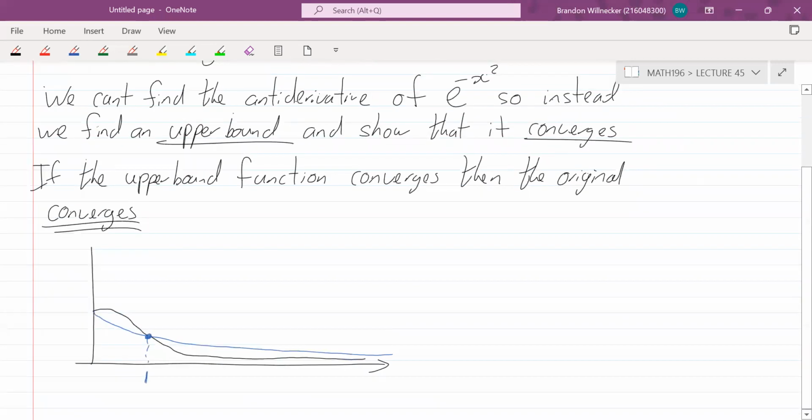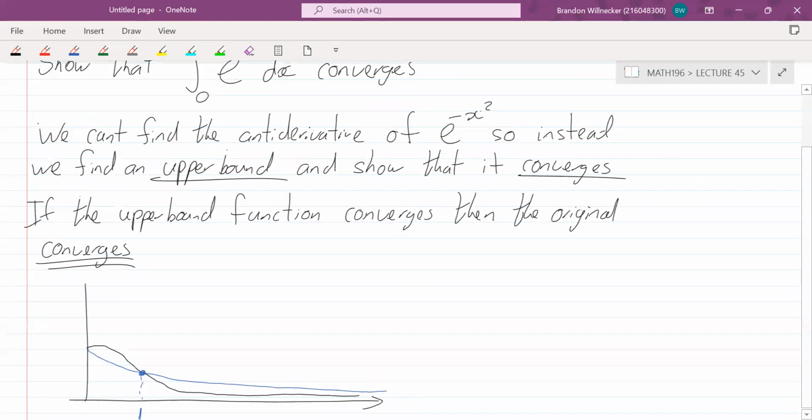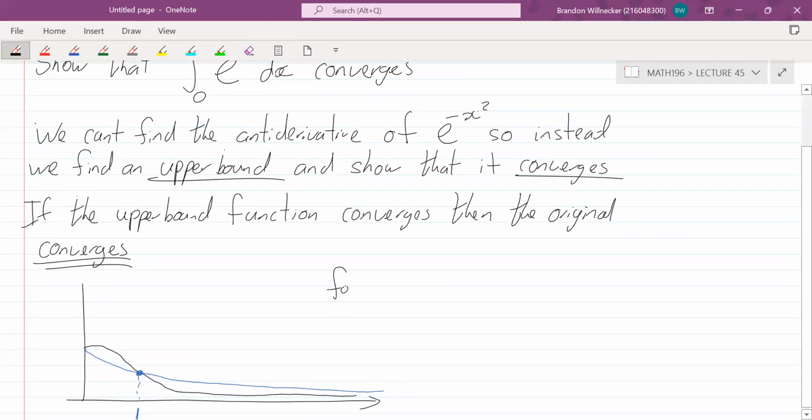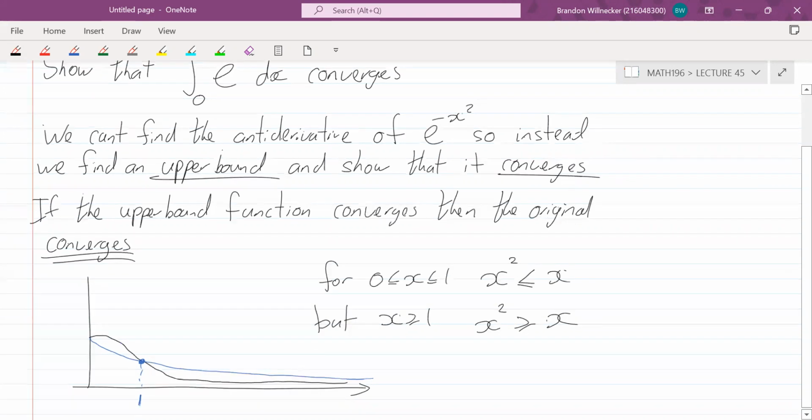Okay, so why is it at 1? Because for 0 less than or equal to x less than or equal to 1, x squared is less than x. Okay, because we're dealing with fractions. If you square a fraction, it gets smaller. But for x greater than or equal to 1, x squared becomes bigger than x.